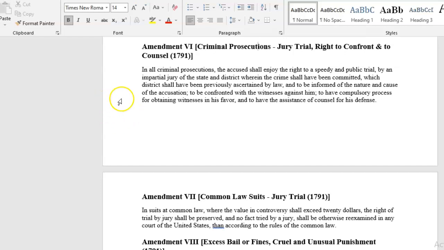So the Sixth Amendment has to do with criminal prosecutions. It talks about your jury trial, your right to confront your accuser, and your right to counsel. In all criminal prosecutions, the accused shall enjoy the right to a speedy and public trial.